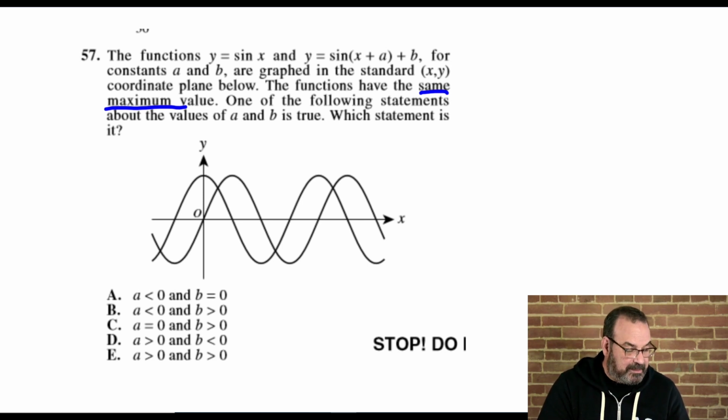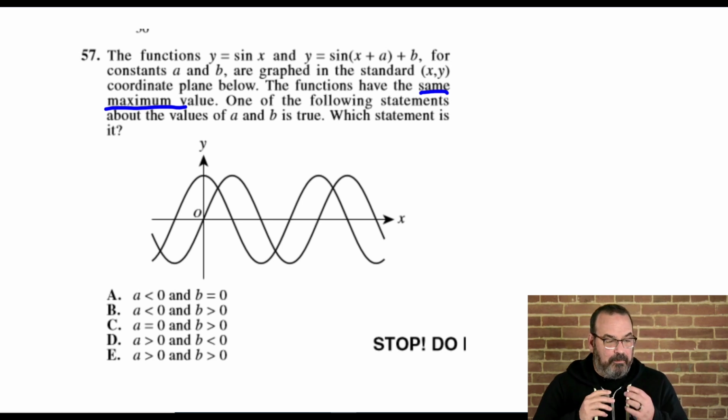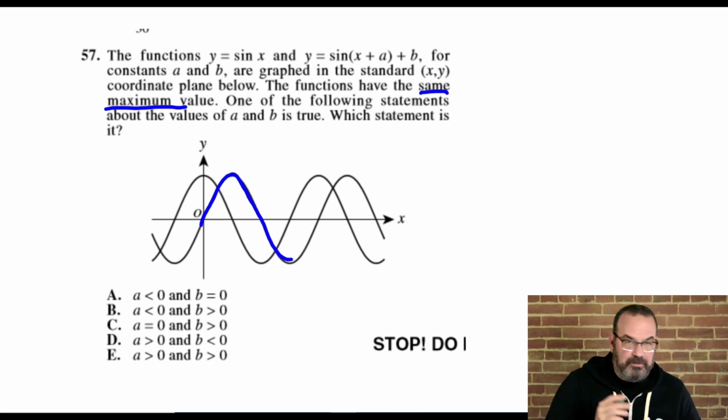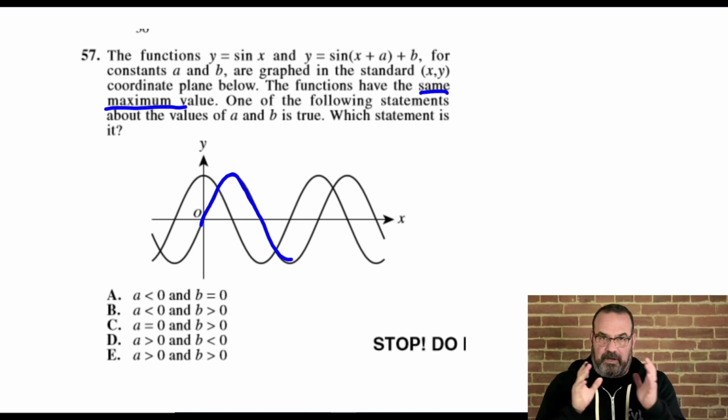Which statement is it? So we are transforming this function. So here is the parent function, y equals the sine of x. You notice it moves left and right, but with a sine wave, you're not really sure if I'm moving it way to the right or way to the left.